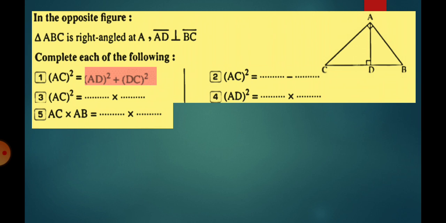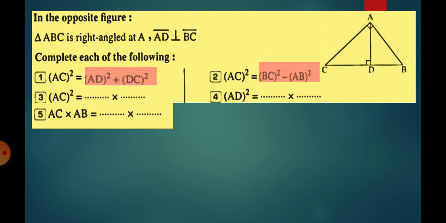Number 2: AC power 2 equals space minus space, meaning we use Pythagoras theorem. But here AC is a side, so we use triangle ABC. Measure of angle A equals 90 degrees, BC is the hypotenuse. Then AC power 2 equals BC power 2 minus AB power 2. What about number 3? AC power 2 equals space times space. Here times means use Euclidean theorem.